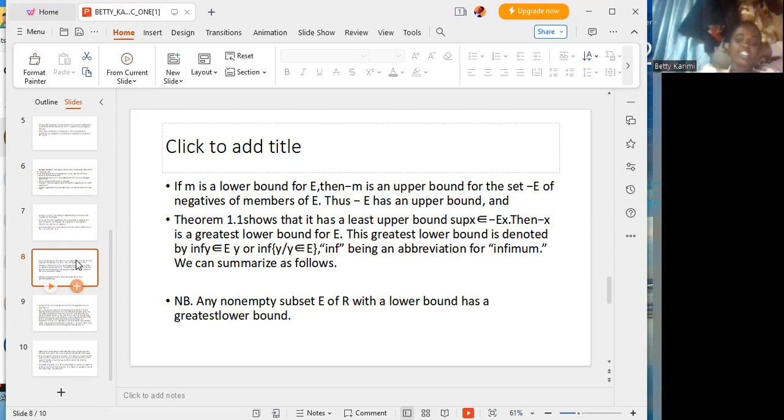We can summarize as follows. Any non-empty subset E of R with a lower bound has a greatest lower bound.